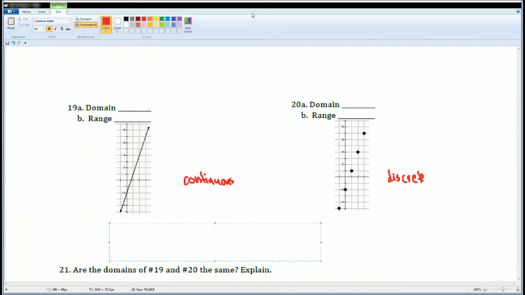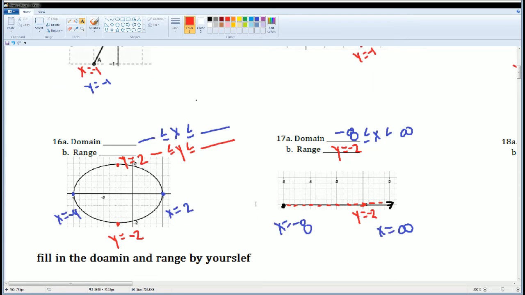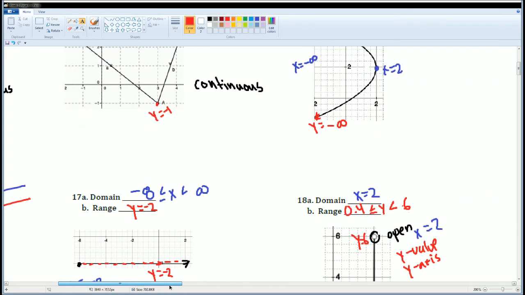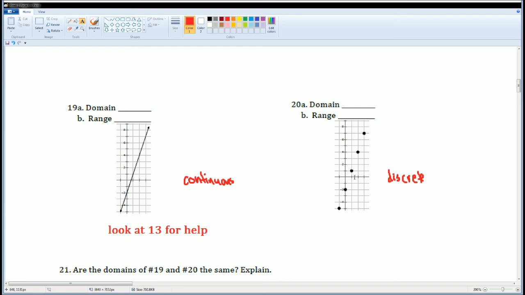You could look at 13 for help. All right. And then for this one, did I show a discrete one? No. Okay. So I could do this one for you.